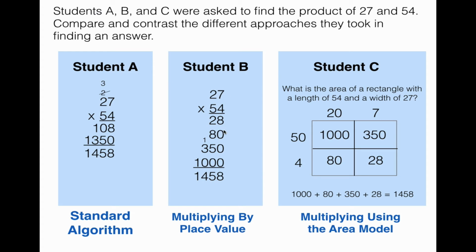All right, student B used place value to multiply, but notice student B had to know to multiply the 4 by 7 and the 4 by 20 and the 50 by 7 and the 50 by 20. Why are we doing that? Honestly, why are we multiplying all of these values by all of those values?